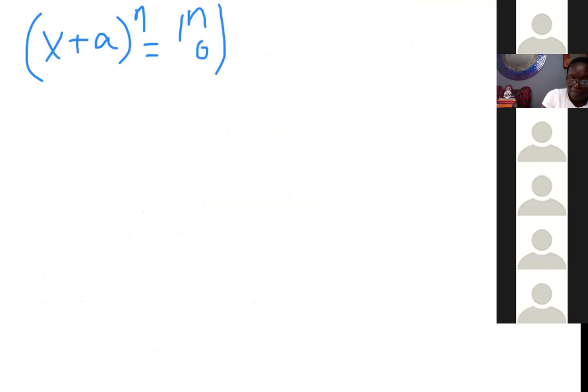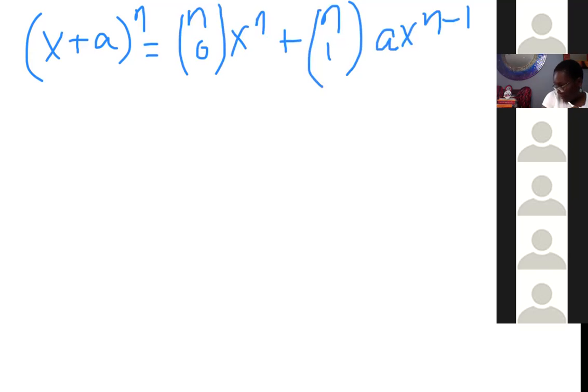So guys, when we're expanding a binomial in the form of x plus a to some power, we can generalize it into this little formula right here. We do n choose 0 times x to the n. Then we do n choose 1 times a times x to the n minus 1.